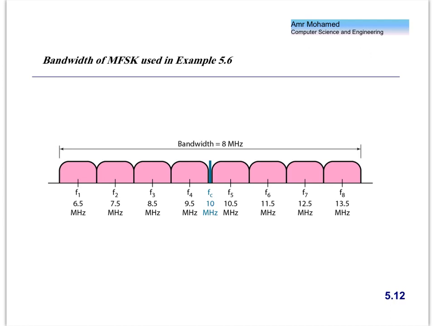And around the 10 megahertz, we have 1 megahertz, which means that the middle frequency of each one can be calculated easily. It's 1 megahertz apart. Okay? And that's assuming that 2 delta F is minimum, which means that 2 delta F is also 1 megahertz. Okay? Any questions?